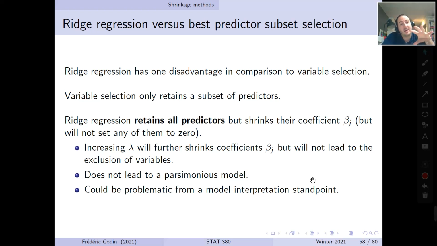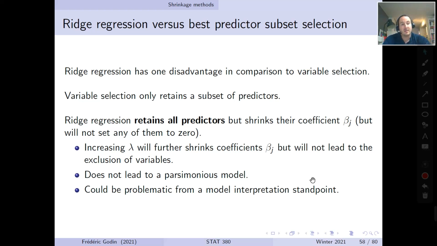So applying a ridge regression instead of an OLS regression will simply shrink the betas, but it will not set them to zero. So you will retain all predictors of your model, which leads to a model that is not very parsimonious. If you have originally 100 predictors in your data set and you apply a ridge regression, you'll still get 100 predictors at the end.